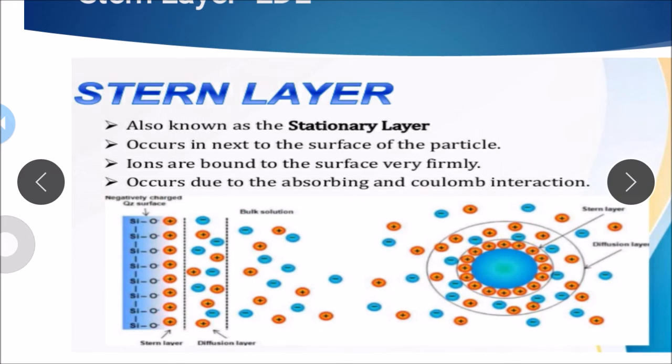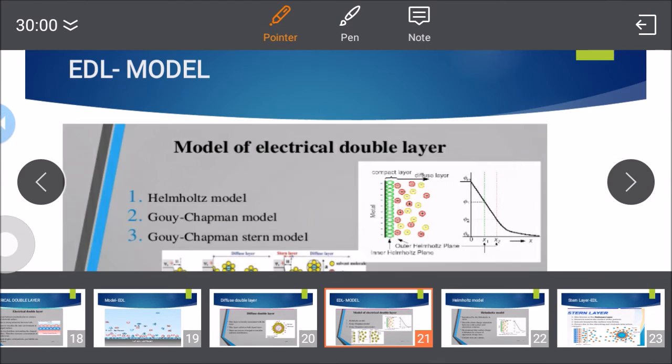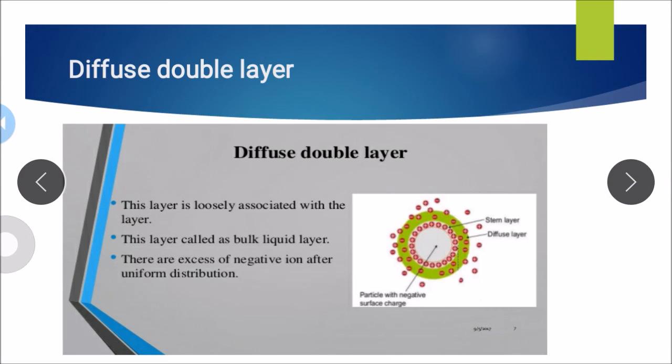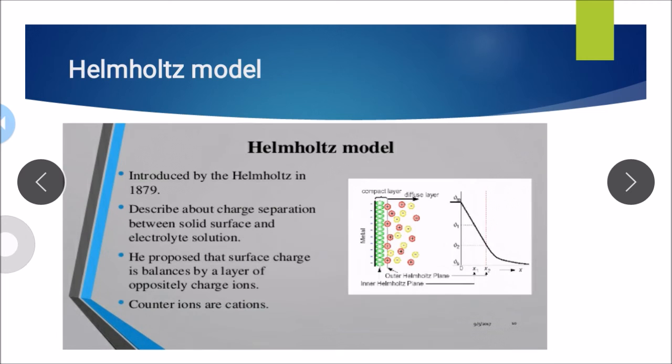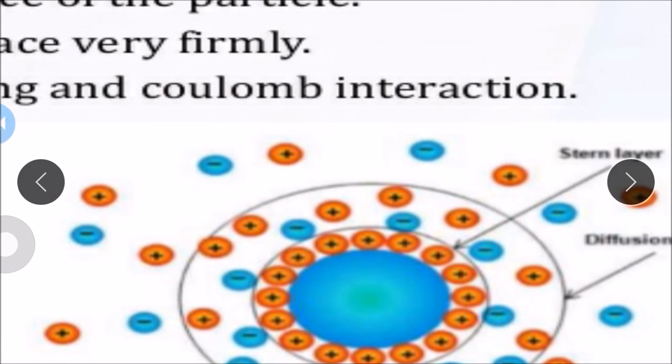So in this representation we have the orange colored positive ions, and the blue colored ones are negatively charged particles, and after that the stationary layer, that is the Stern model.